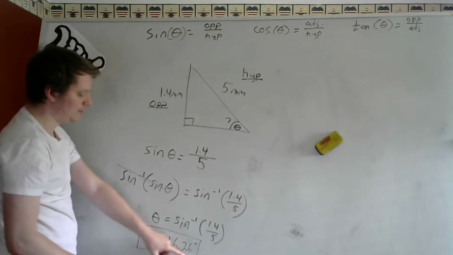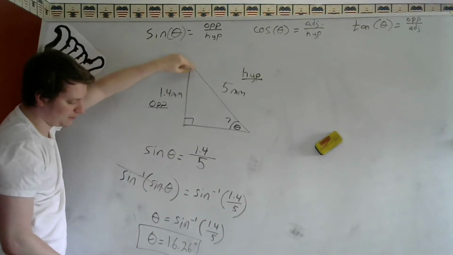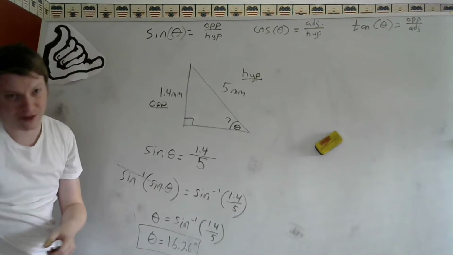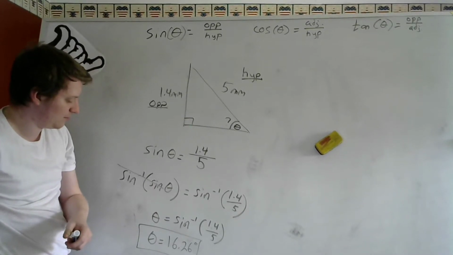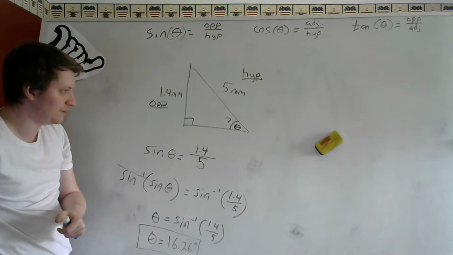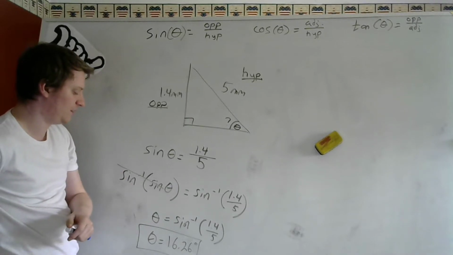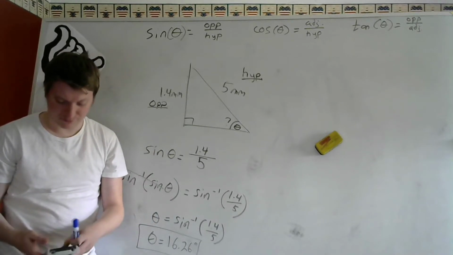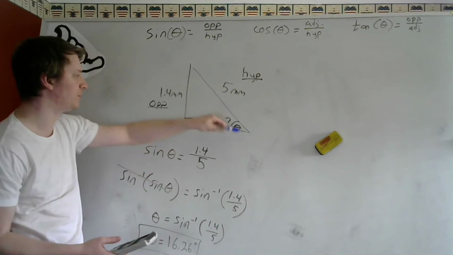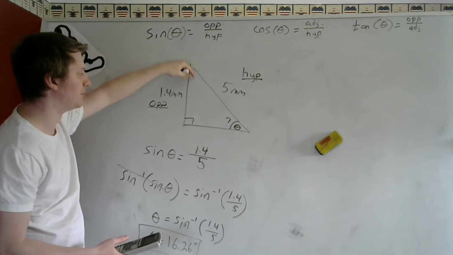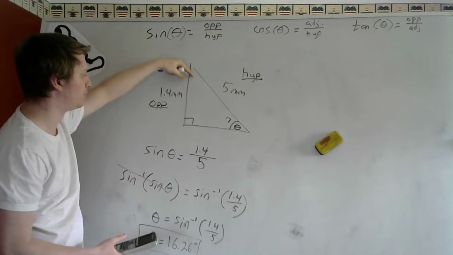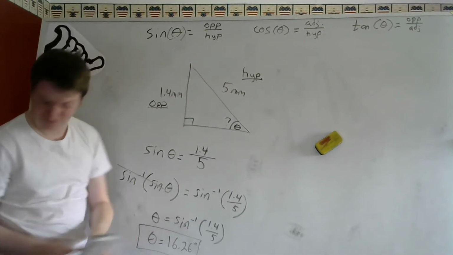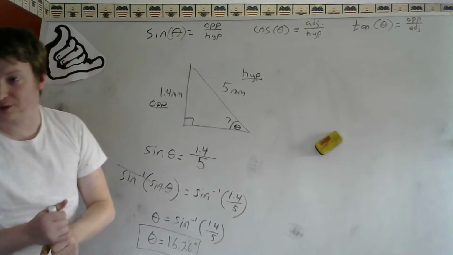So if this is 16.26, then up here you would have to have, what, like a 73.74, something like that. And you should get that as well if you were to do, say for up here, the cosine inverse, because this would be adjacent then for this angle and hypotenuse there. All right, let's move on to another one.